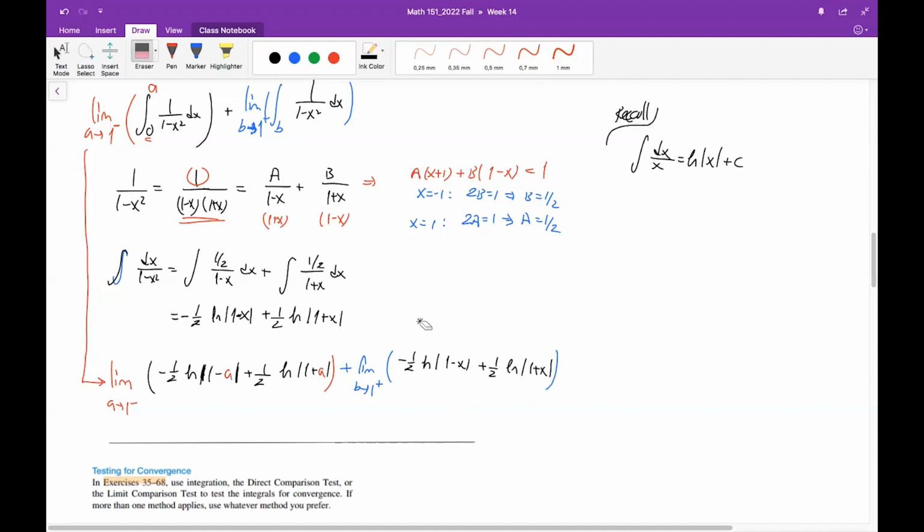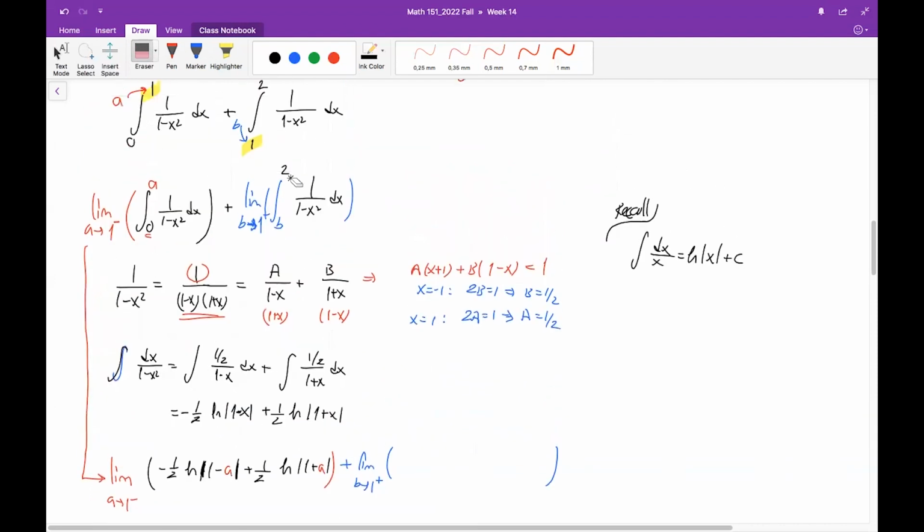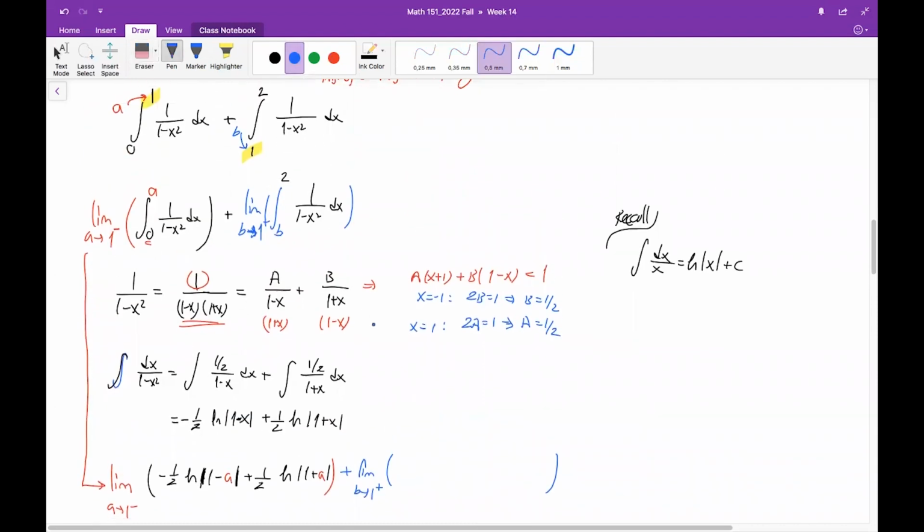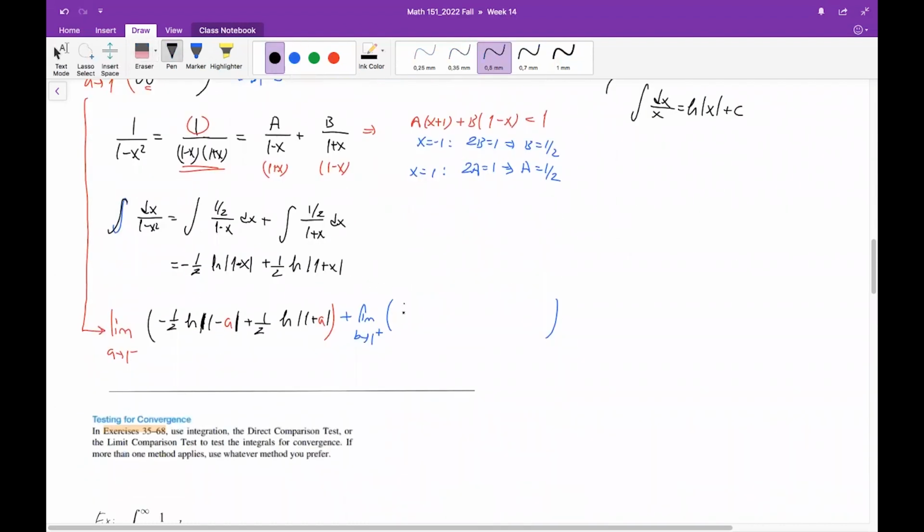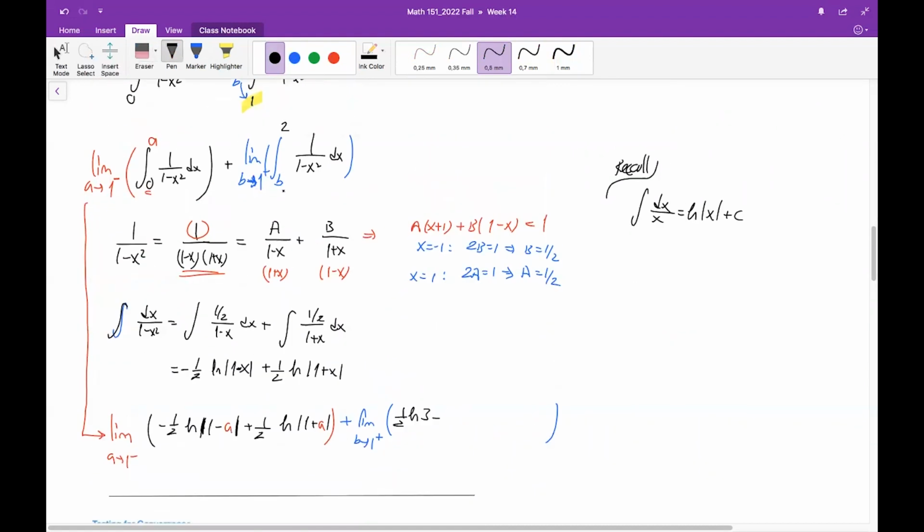If I insert 2 here, I will obtain ln 3, so inserting the upper bound, which is x equals 2, gives us 1/2 ln 3 minus, now I will insert the lower bound for this integral, which is b. I am just inserting b whenever I see x, right?